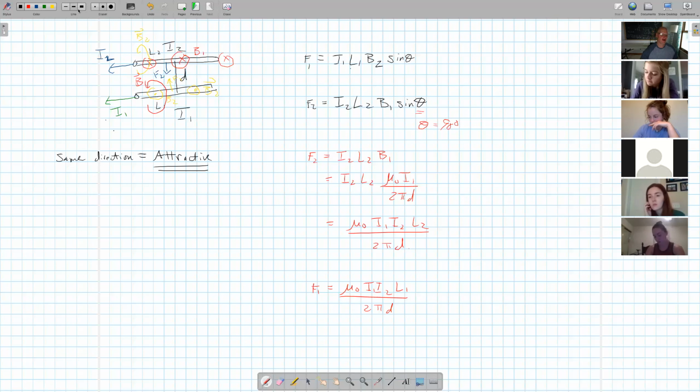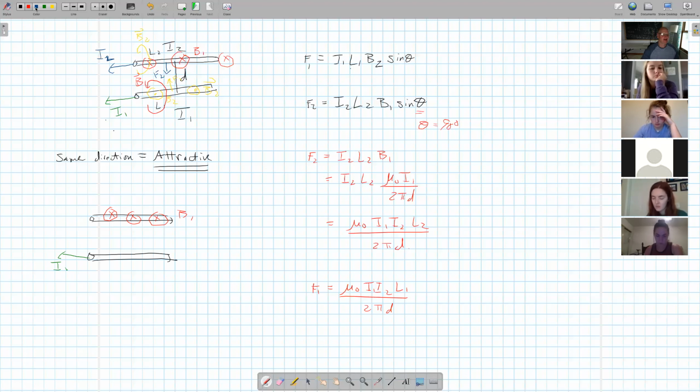Now, what happens if we change the direction? So again, let me redraw real quick. Let's put this wire this way, this wire here. Again, let's take I1 going in this direction. So this is I1, which means B1 is going to be into the page up here. So this is B1.